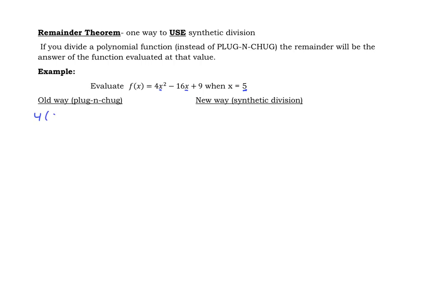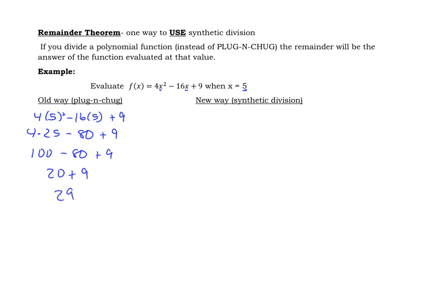So we would do 4 times 5 squared minus 16 times 5 plus 9. So 4 times 25 minus 80 plus 9. 100 minus 80 plus 9 is 20 plus 9, which is 29. So the function at 5 is 29.